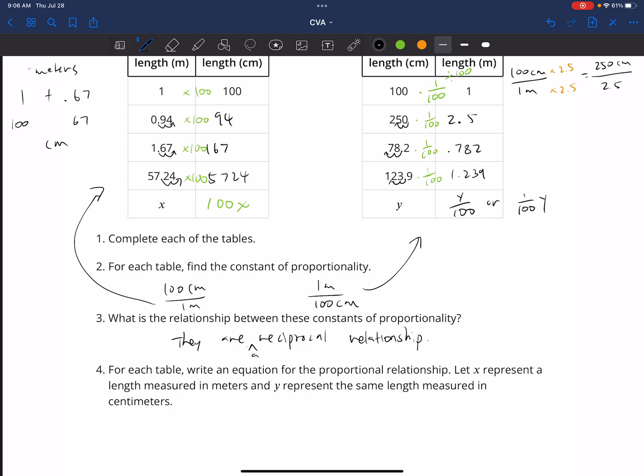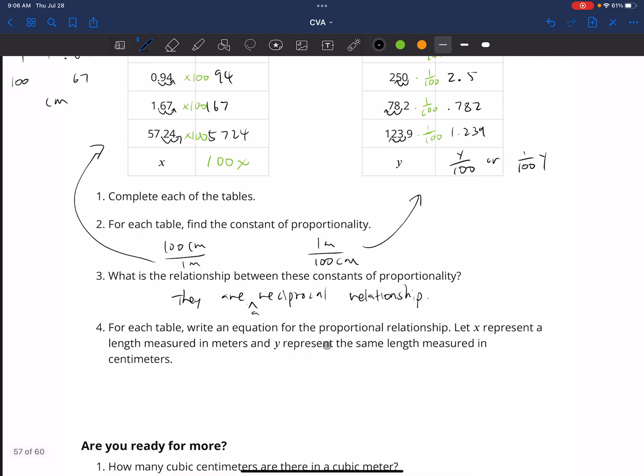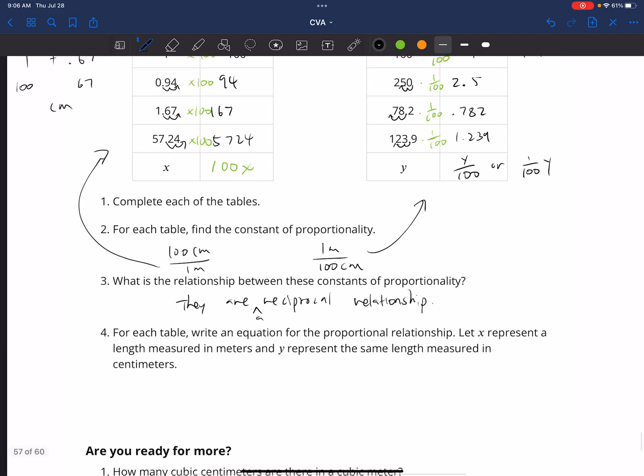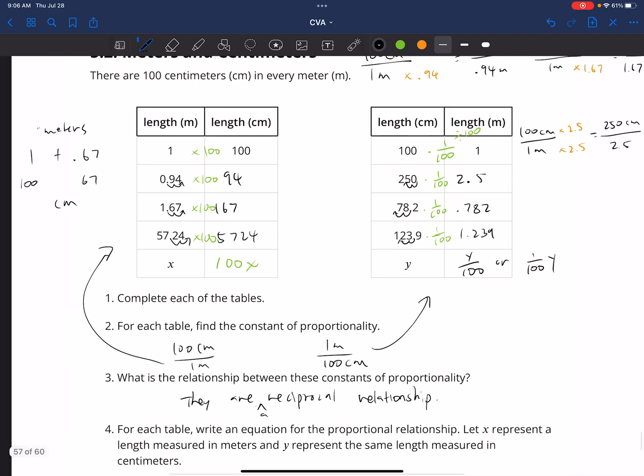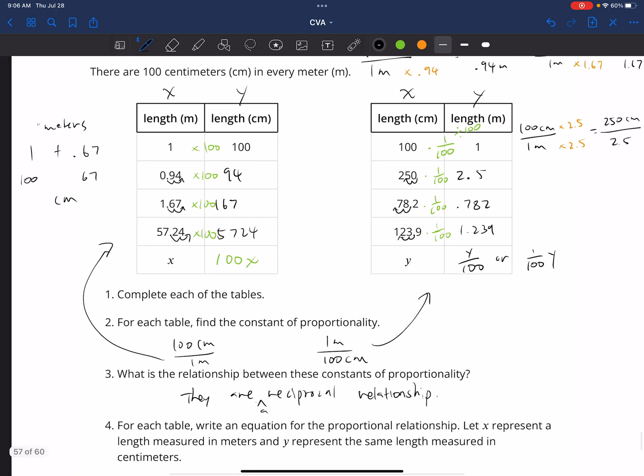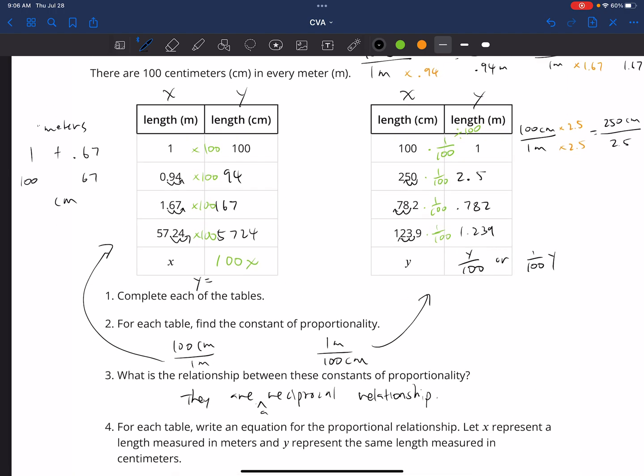And then write an equation for each relationship. Given that length in meters is x, and length in centimeters is y, for this equation it's going to be y is equal to 100x, and this is going to be y is equal to 1 over 100x.